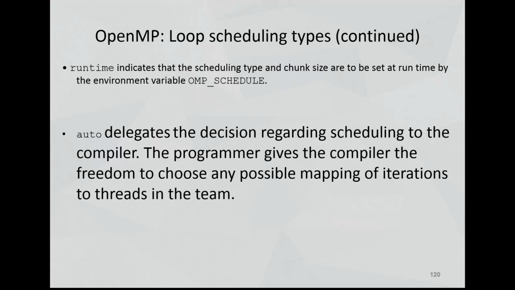That's probably the simplest way of doing it. We don't need to think too much at all. The programmer gives the compiler the freedom to choose any way of mapping iterations to threads in the thread team. So that's the simplest way. We can start manually setting all this ourselves. That's where we start setting the runtime variables, but we have both options.